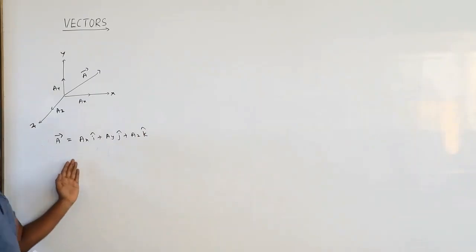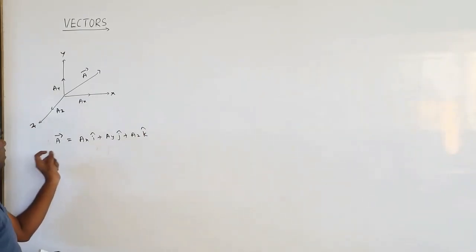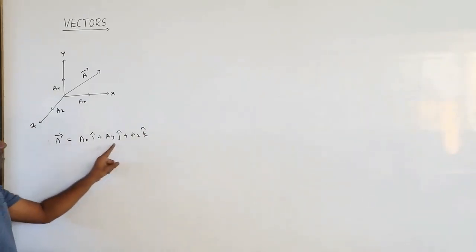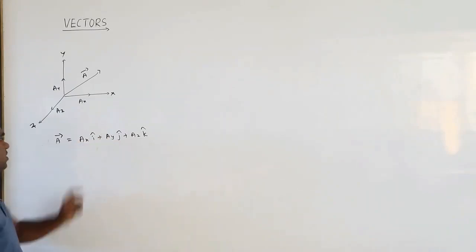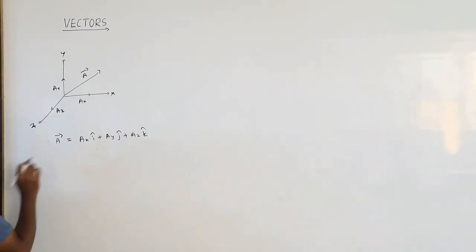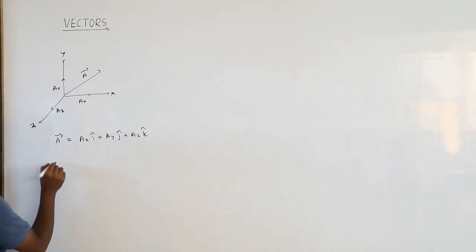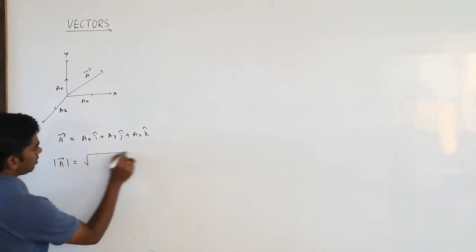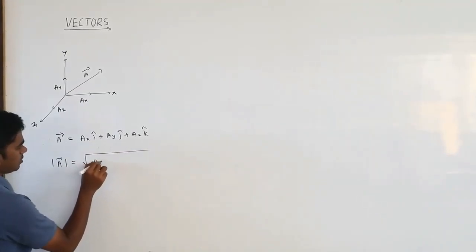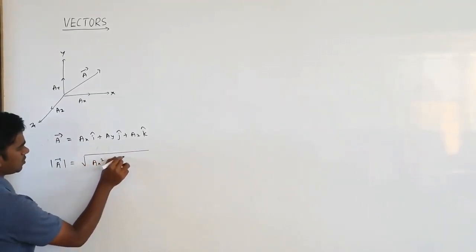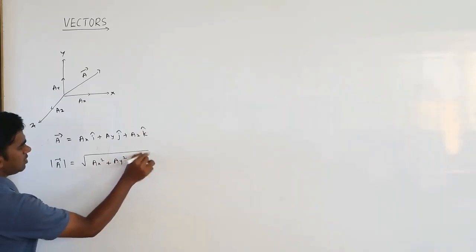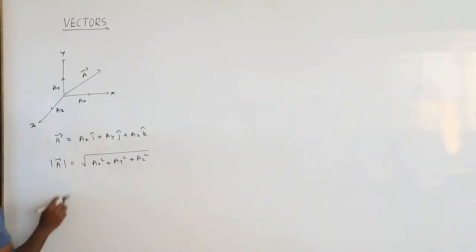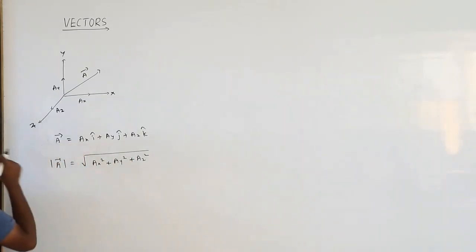This is how you can represent the vector in terms of its components Ax, Ay and Az. Now what is the magnitude of this vector? The magnitude is the square root of Ax square plus Ay square plus Az square.